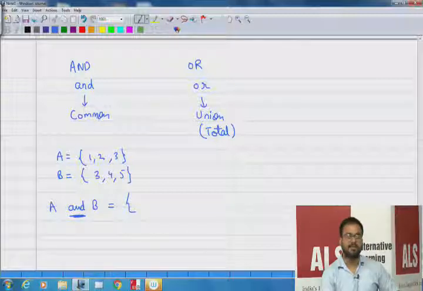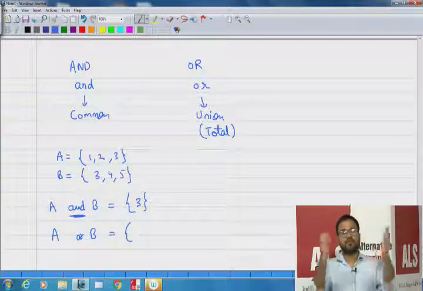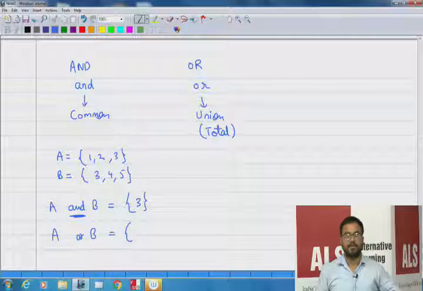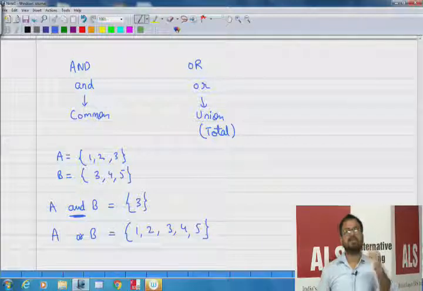The common element in both of them is only 3. So A and B will be only 3. And if I write A or B, you will see what is the total number of elements without repetition. Make sure without repetition. So you can see the total number of elements are 1, 2, 3, 4 and 5. This is the meaning of and, or.